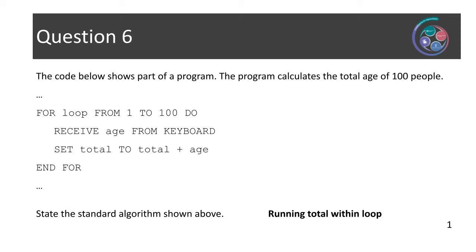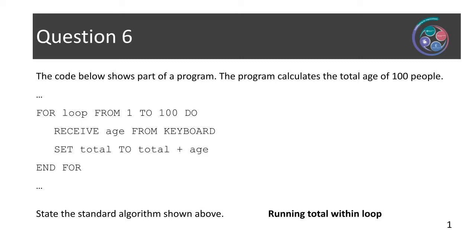We can then see we've got a variable called total, and we're setting that total to total plus age. So if the first time through we received an age of 20 from the keyboard, we would set the total, which we're assuming is set to 0, plus 20.